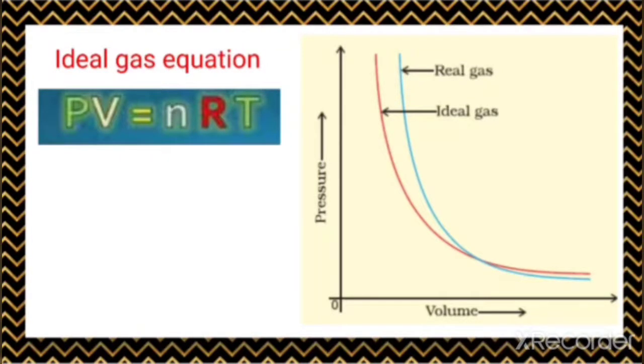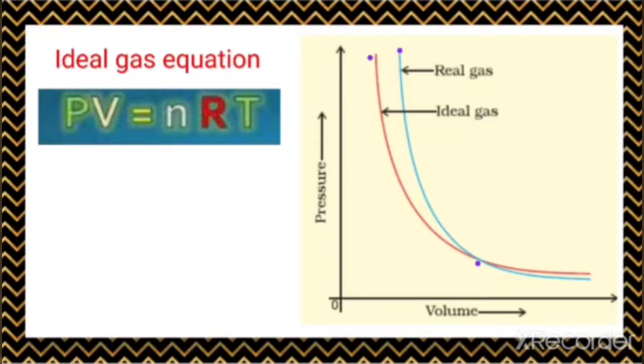It means that at high pressure, the ideal gas plot and the real gas plot do not coincide, and the measured volume is more than the calculated volume. But at low pressure, the two plots nearly coincide, which means the measured and calculated volumes approach each other.